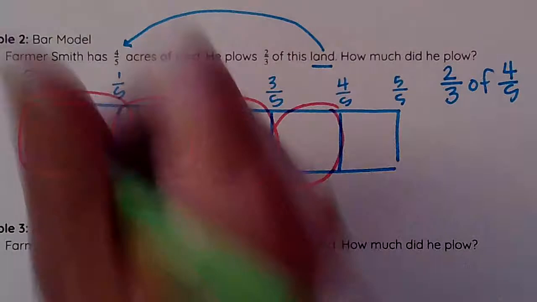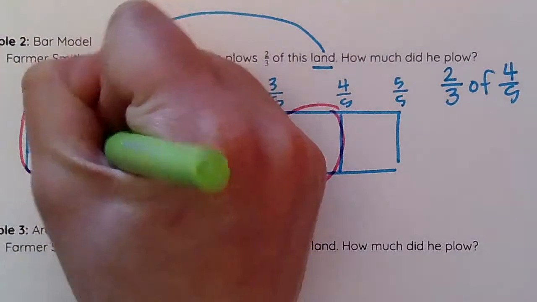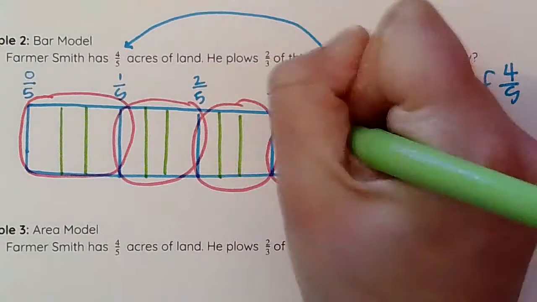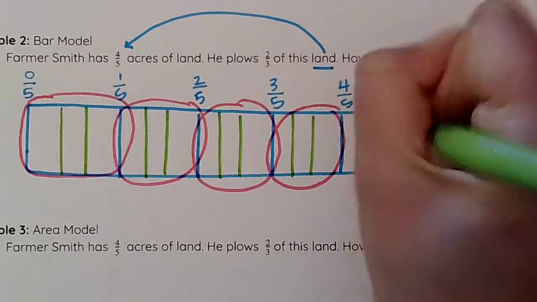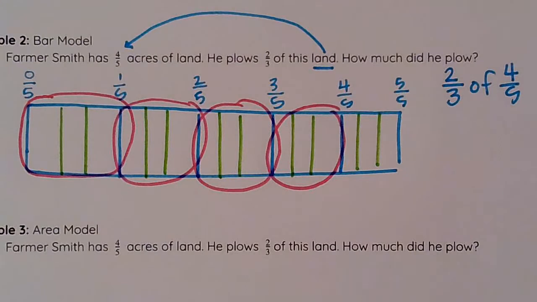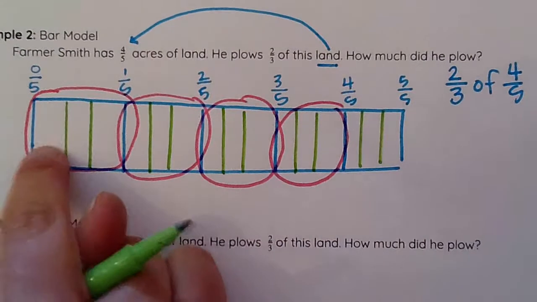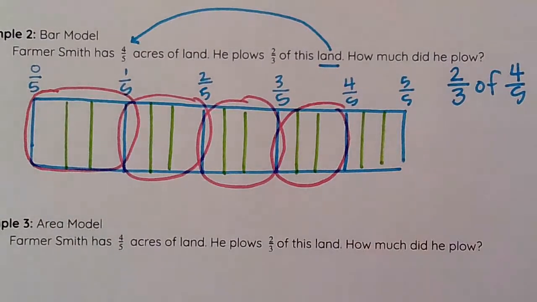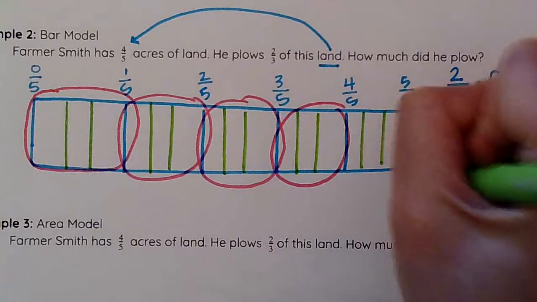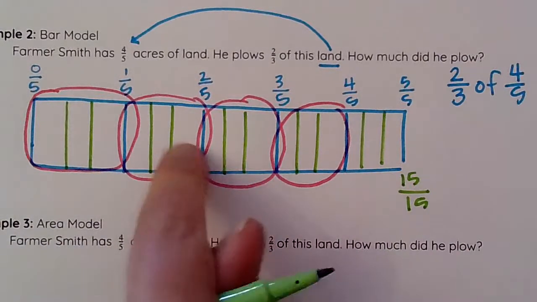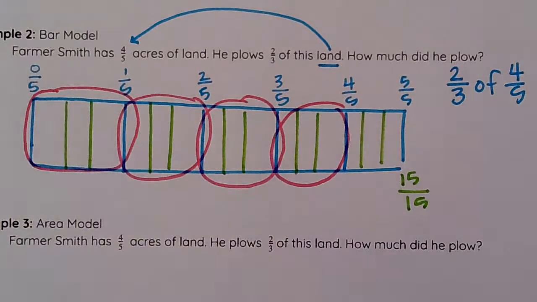Now, from each of that, we need 2/3 of that 4/5. So I can go ahead and break up each of my fifths into thirds. Now I can count that off as well. We would have 15 total parts because we just took 5 parts and divided it into 3 sections each.